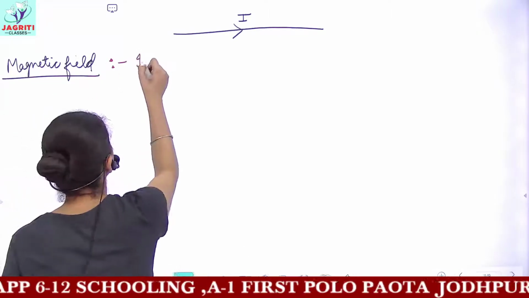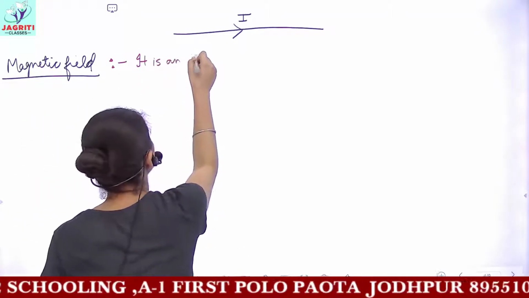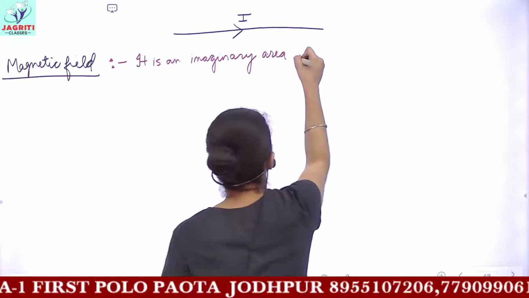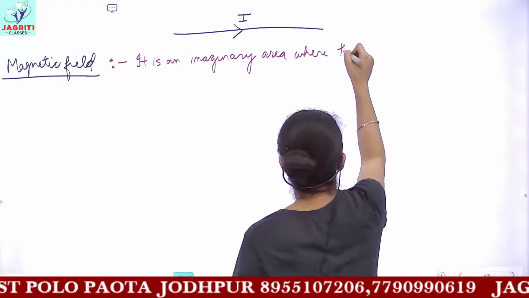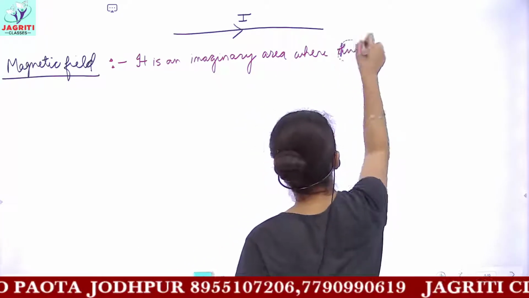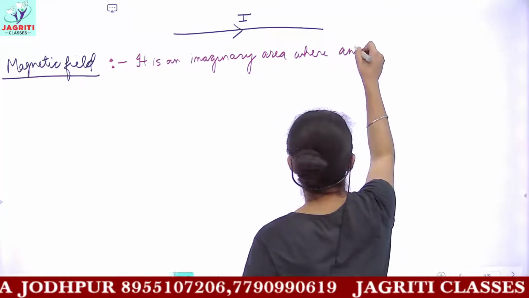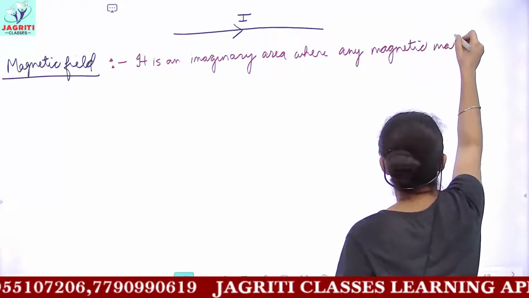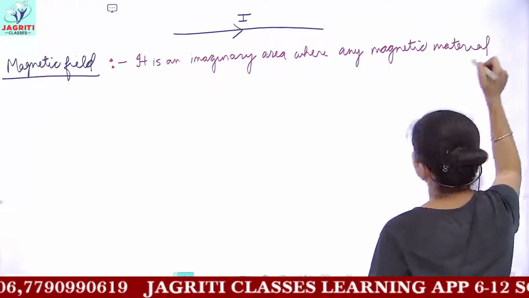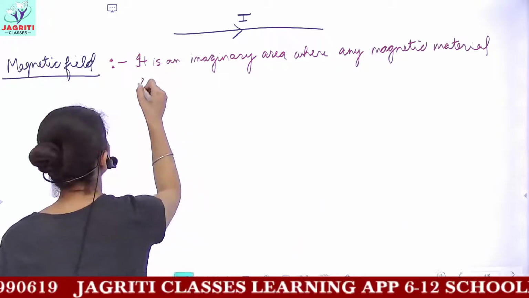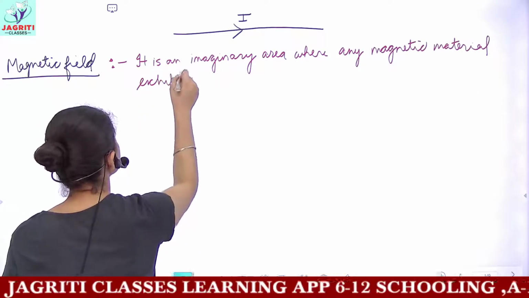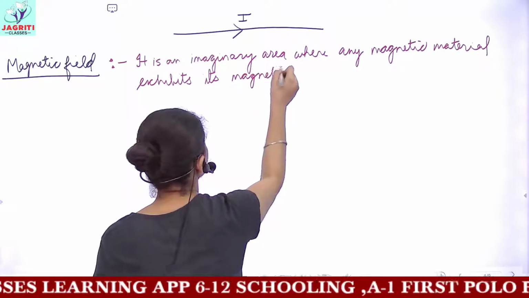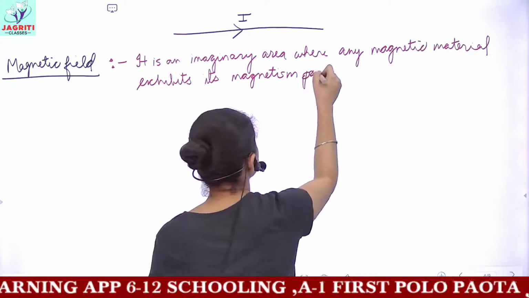Magnetic field is an imaginary area where any magnetic material exhibits its magnetism power or the property of magnetism.